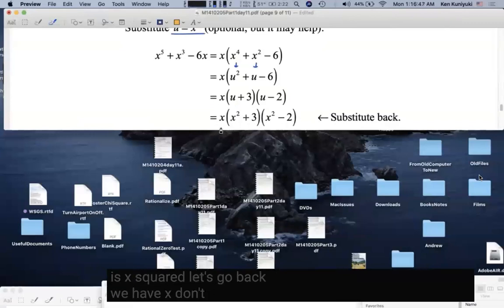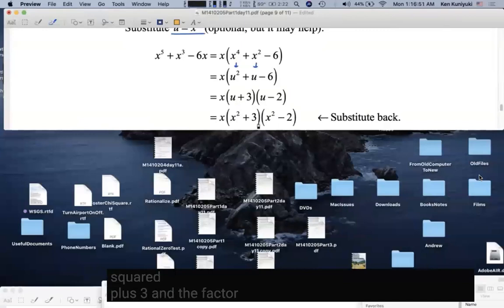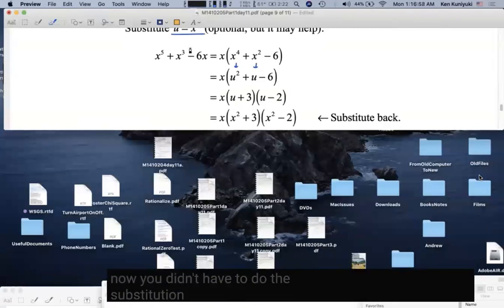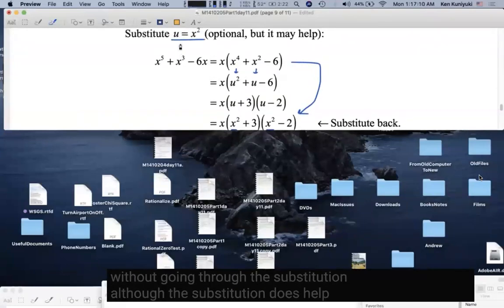We have x, don't forget, the factor x squared plus 3, and the factor x squared minus 2. Now, you didn't have to do the substitution. You could have gone directly from here to here. Remember that you have x squareds here and not x's. But you could have gone directly from here to here without going through the substitution, although the substitution does help many students.